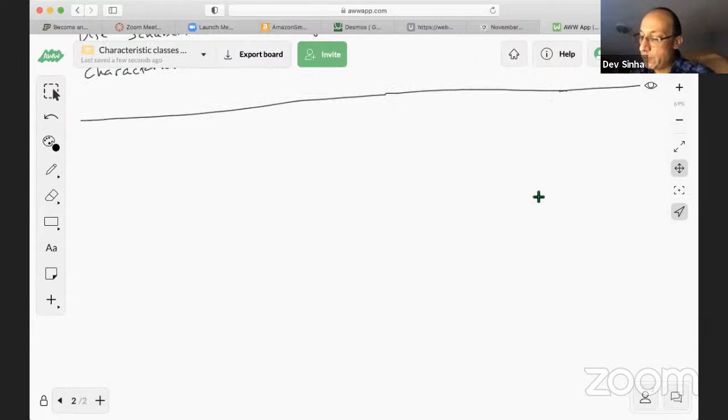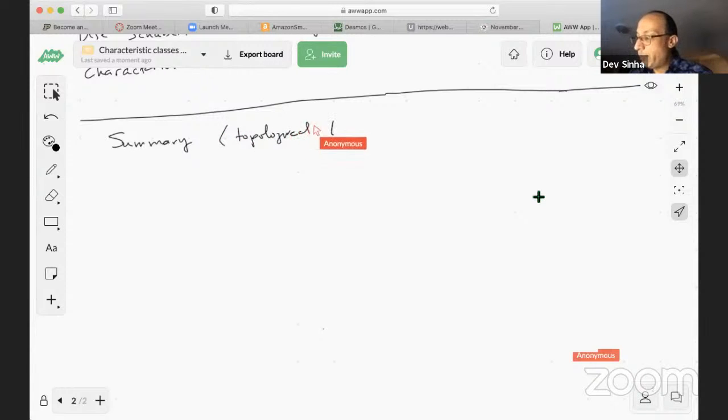So, a summary of the ideas that I'm trying to convey in this little section relating to principal G bundles. This is what I would call topological principal bundle theory. It's a sketch, or a summary, or a framework.